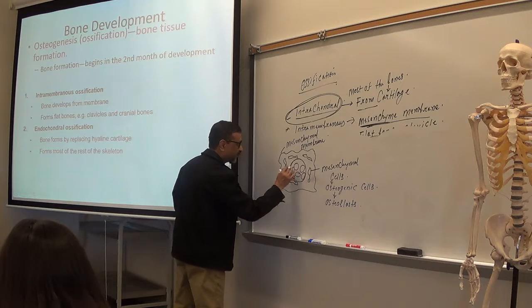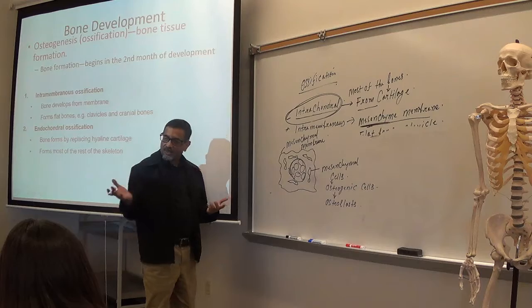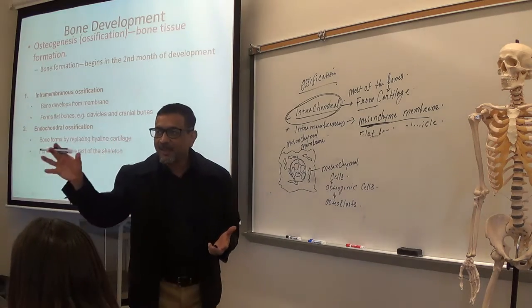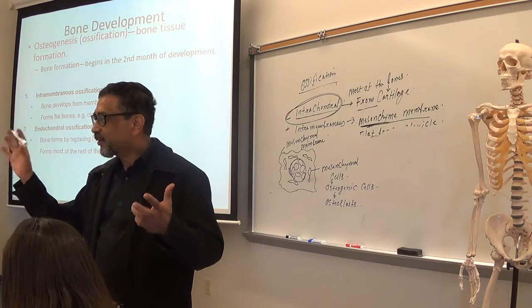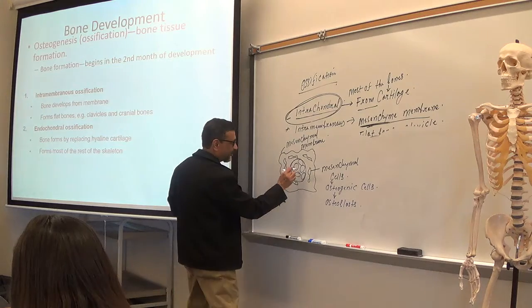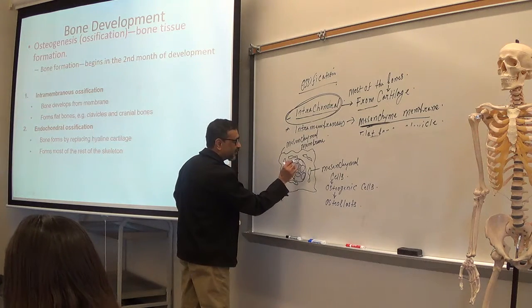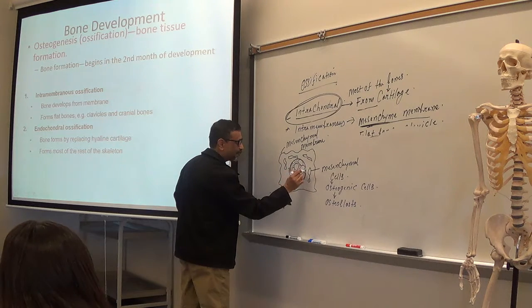Young cells, healthy, big, okay? And you already know, osteoblasts secrete what? Everybody? Osteoblasts secrete matrix, right? So these osteoblasts will secrete matrix around them in that area.